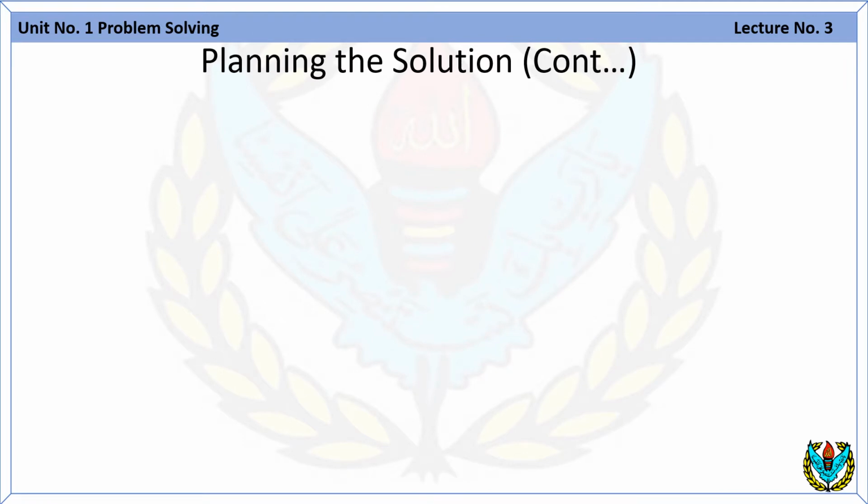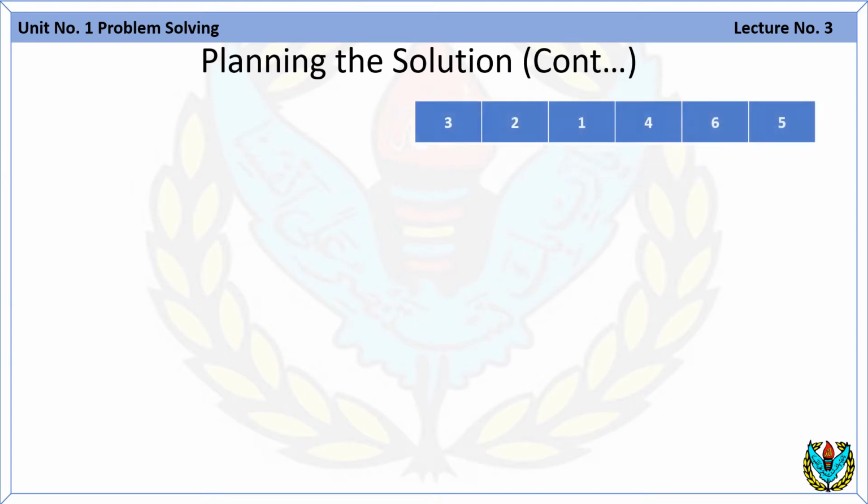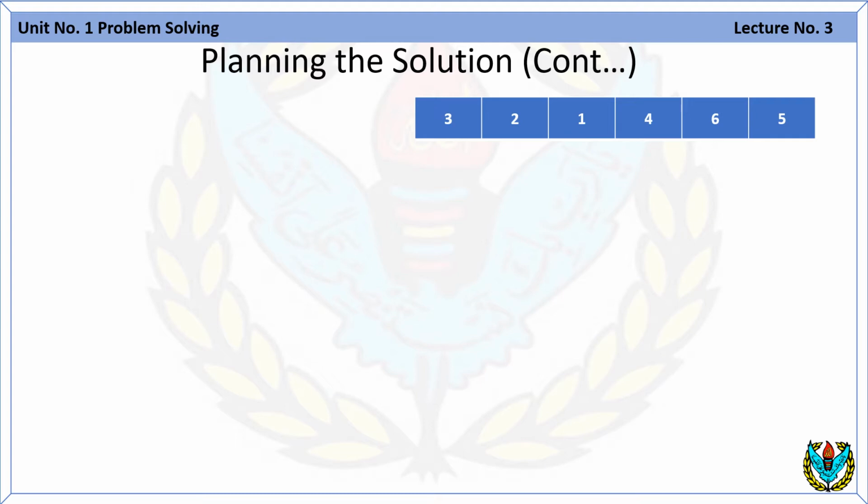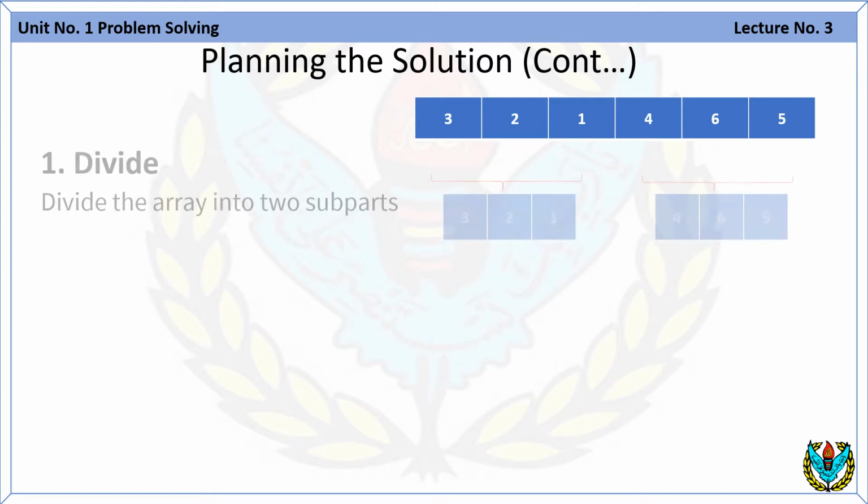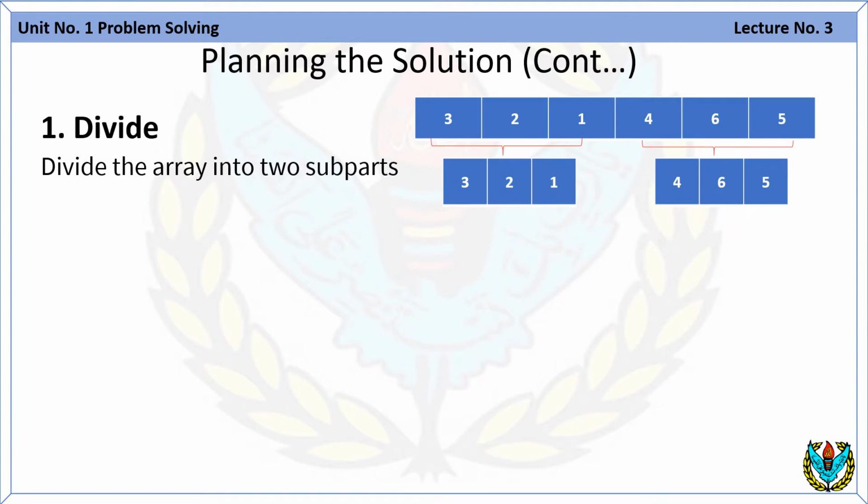Now, we will take an example to clear the concept of divide, conquer, and combine. If you look at the example, we will see that the numbers 3, 2, 1, 4, 6, 5 are not in ascending order, and we have to arrange these numbers by using the divide and conquer method. Our first task will be to divide this problem into two parts.